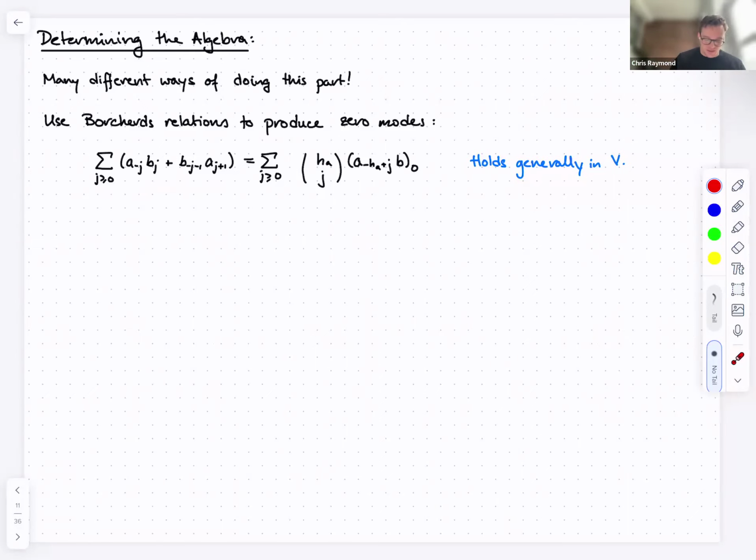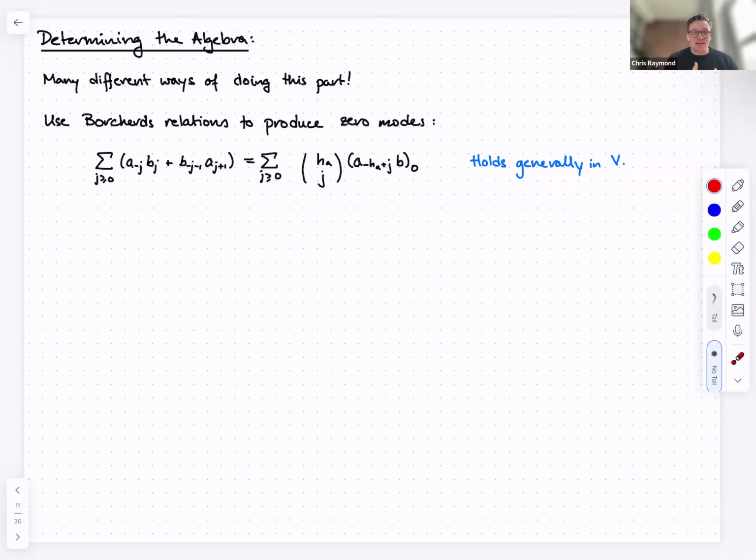I write some mess over here, but really what I'm looking for is I'm trying to understand the zero modes of things that come out of the OPE, right? Something like this would be the zero mode of something that's coming out of my OPE. There's a very intentional link between the expression inside the zero mode and the expression that's inside my OPE field. Now, this is some expression that holds generally in V.